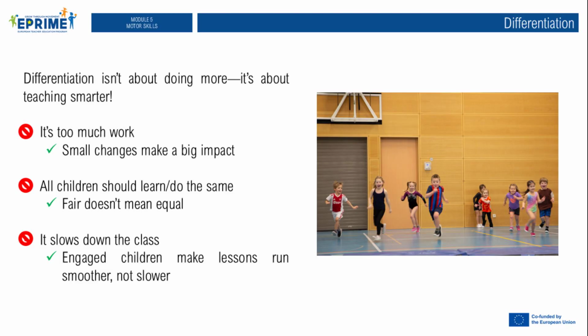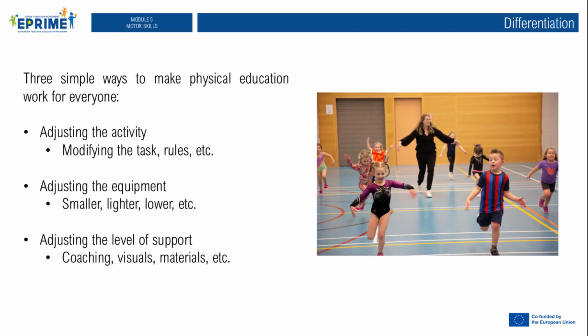Let's look at simple, practical ways to bring differentiation into your PE lessons, starting with 3 easy strategies you can use right away. Now that we've seen how differentiation isn't about extra work, but about making small, meaningful adjustments, let's dive into 3 simple ways you can make PE more inclusive and engaging for all children.